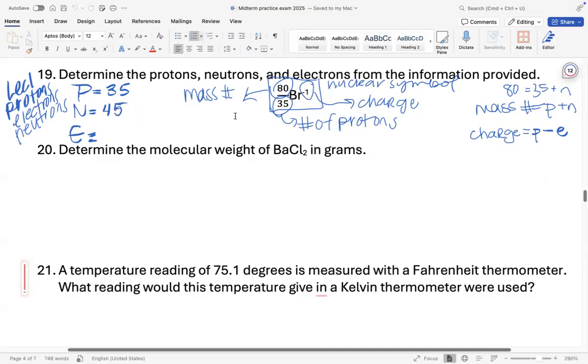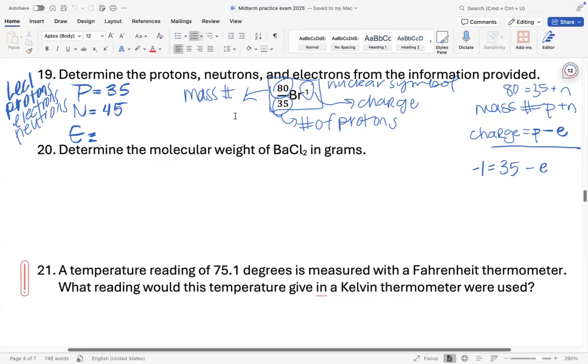All right. And I'm not directly given the number of electrons, but I am given the charge, which shows me the relationship between protons and electrons. So my charge is -1, and that equals 35 minus whatever this number of electrons are.